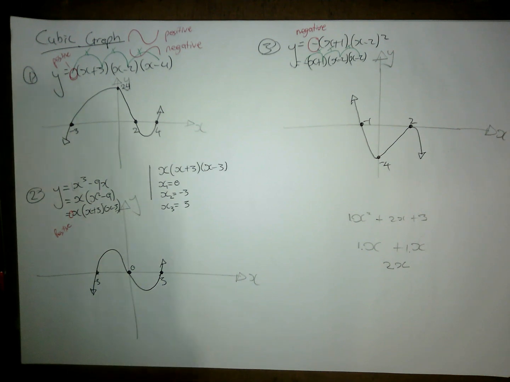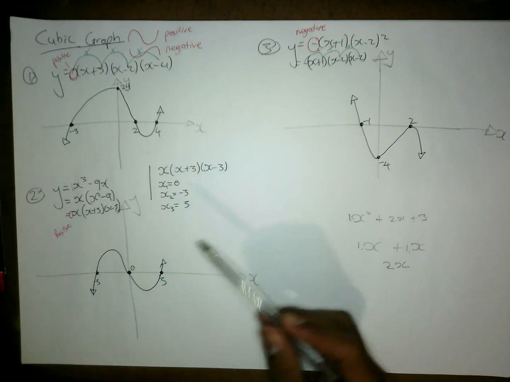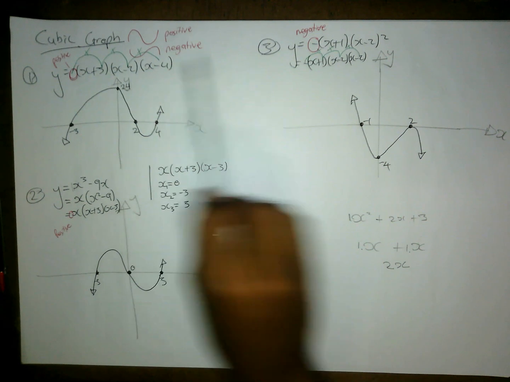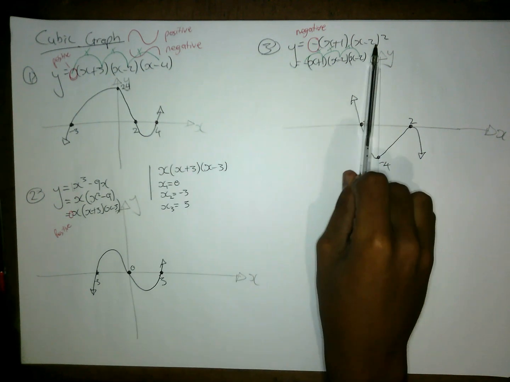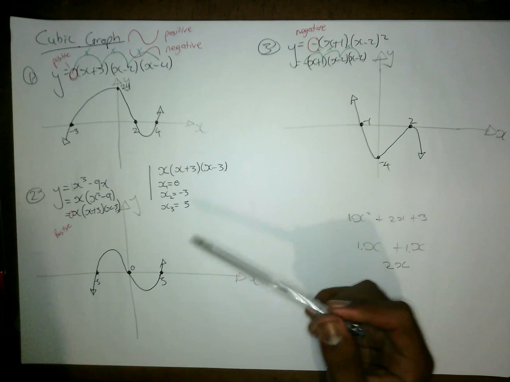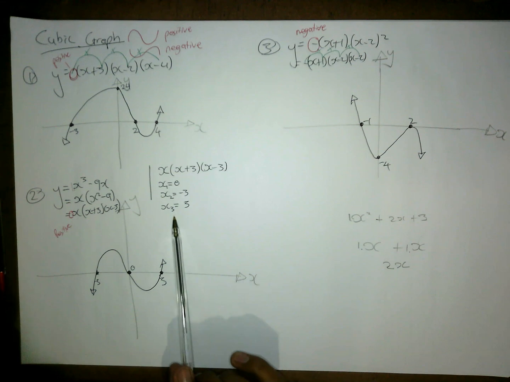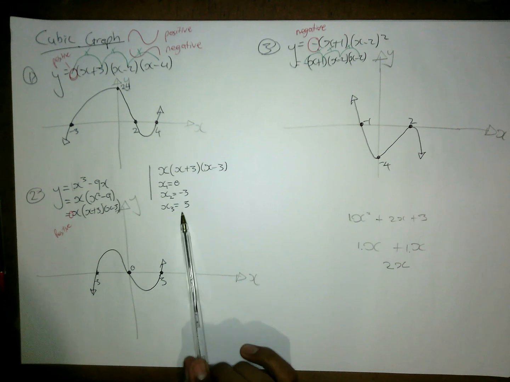So all I'm doing is solving for x. That's all you're doing. You solve x because, like we said, these are your factors. Also, when you solve for x, it becomes your x coordinates or your roots.